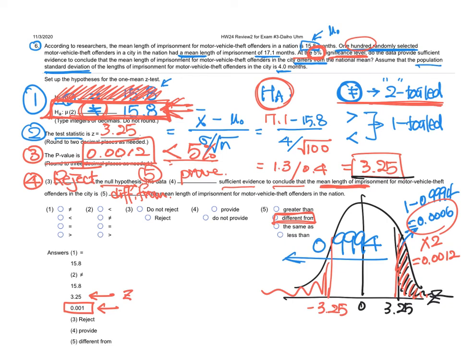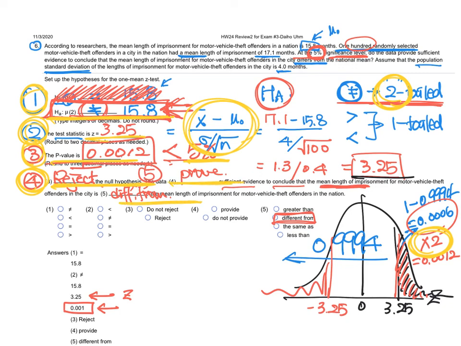Step number 1, we stated two-tailed. Step 2, we took the test statistic and found a probability, doubled because it was two-tailed. Based on the p-value compared to alpha, step 4, we made a decision, and finally we interpreted and made the conclusion. So always by 5 steps, we can do the z-test.